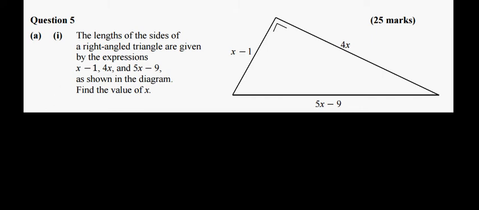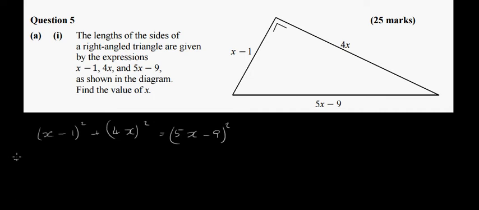So let's do that. So we know that (x minus 1) all squared plus (4x) all squared should give us (5x minus 9) all squared by Pythagoras Theorem. So let's just multiply all of this out.